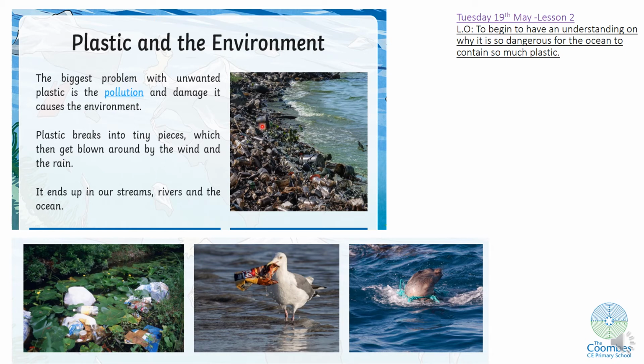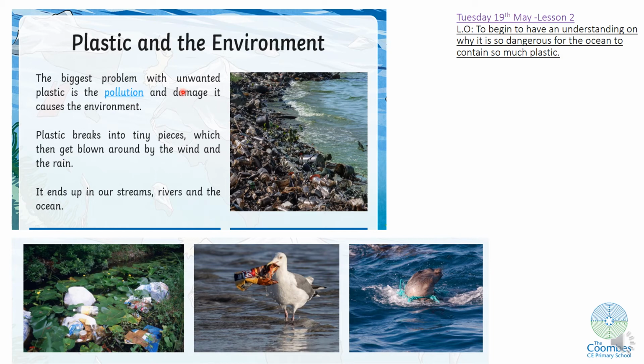Okay, and then if you have a look at this picture here, we have a beach where the waves have come in and they have dumped the plastic that was inside the ocean onto the beach. It's just not very nice, is it?